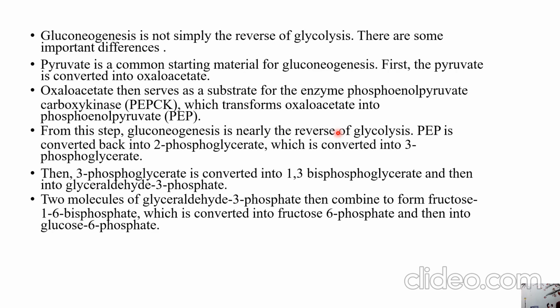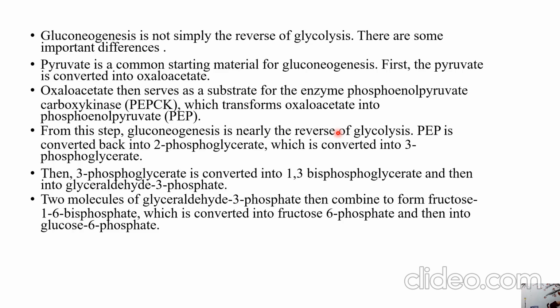So gluconeogenesis is not simply the reverse of glycolysis, there are some important differences. Pyruvate is a common starting material for gluconeogenesis. So first the pyruvate is converted into oxaloacetate. Oxaloacetate then serves as substrate for the enzyme phosphoenolpyruvate carboxykinase, which transforms oxaloacetate into phosphoenolpyruvate. From this step, gluconeogenesis is nearly the reverse of glycolysis.